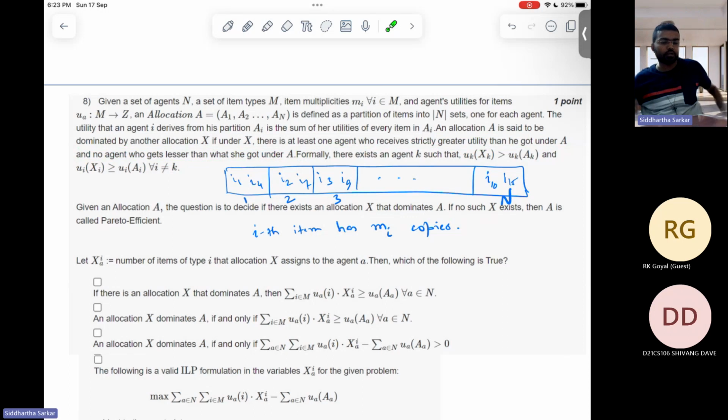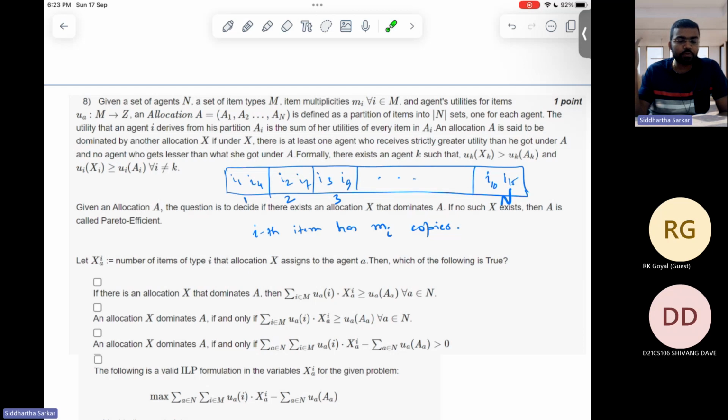So we have n people to allocate stuff, and one allocation is strictly better or dominates another allocation if there is at least one agent who receives strictly greater utility than he got under the previous allocation. In this new allocation, this person receives a different set of items, or maybe more items when the multiplicity of items has increased per type.